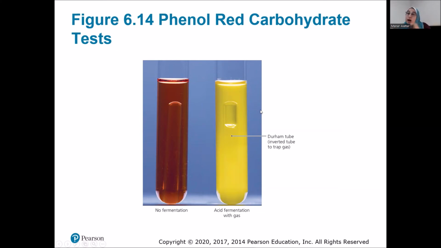If it's a type of fermentation that also produces a gas like hydrogen or carbon dioxide, then that will get stuck in this little tiny inverted tube that's here, and that's called a Durham tube.